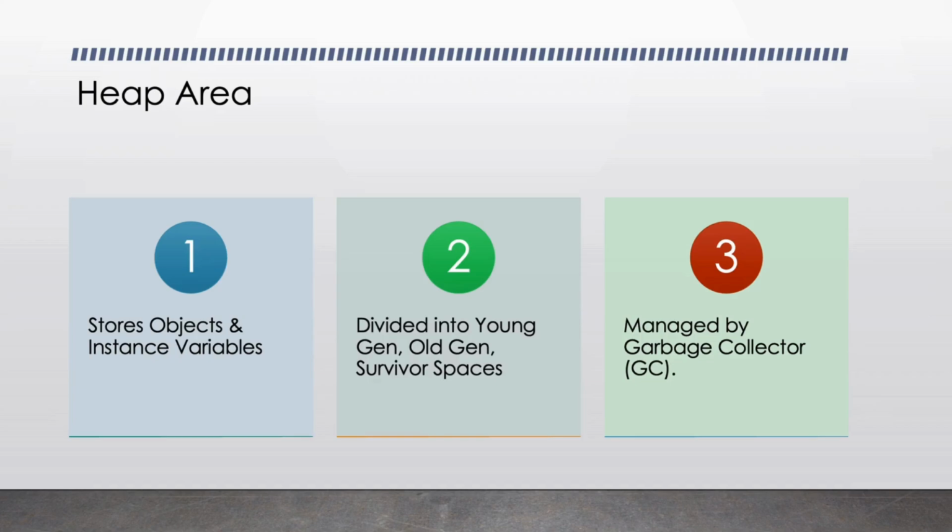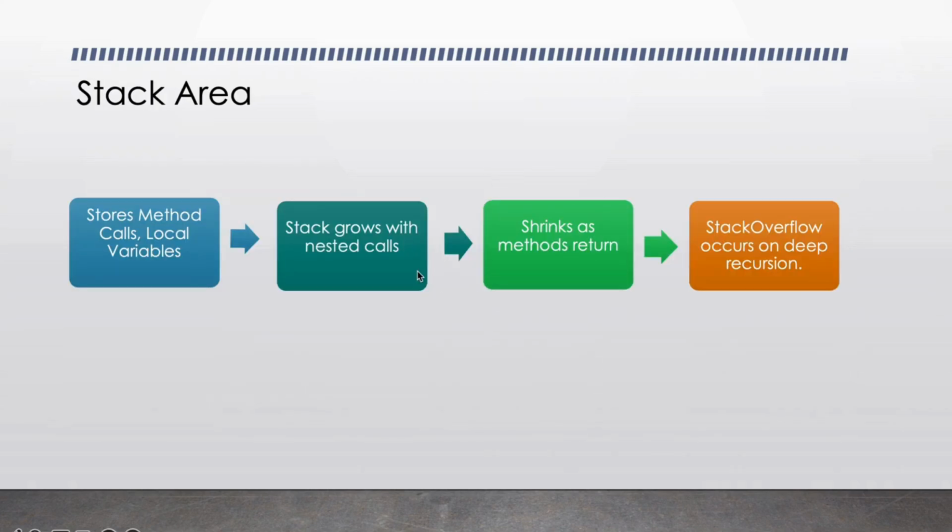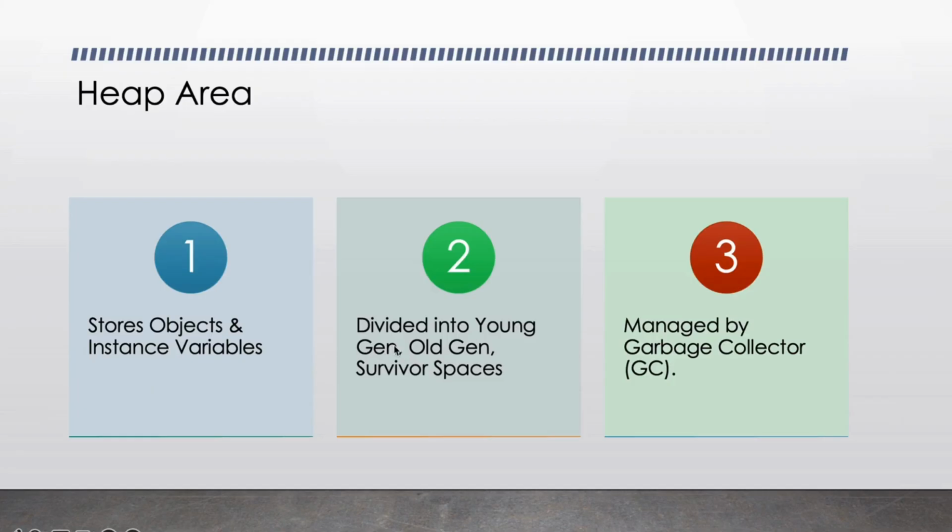These are the main three areas inside the heap area. And there is one more thing inside the heap area, that is the garbage collector, or GC. It's like a cleaning robot that removes the unused objects from the toy box to make room for new ones.